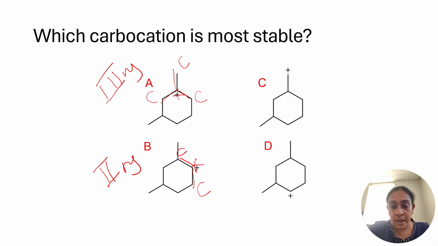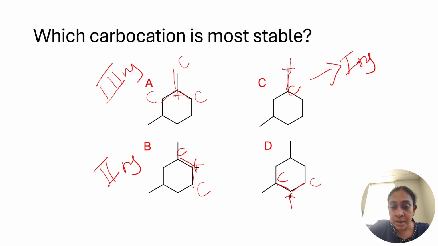In structure C, we have the positive charge in here. That positive charge bearing carbon is connected to one other carbon, one R group. So, the carbocation in structure C is a primary carbocation. When we look at structure D, we see the positive charge in here. The positive charge bearing carbon is connected to 2 other carbons.